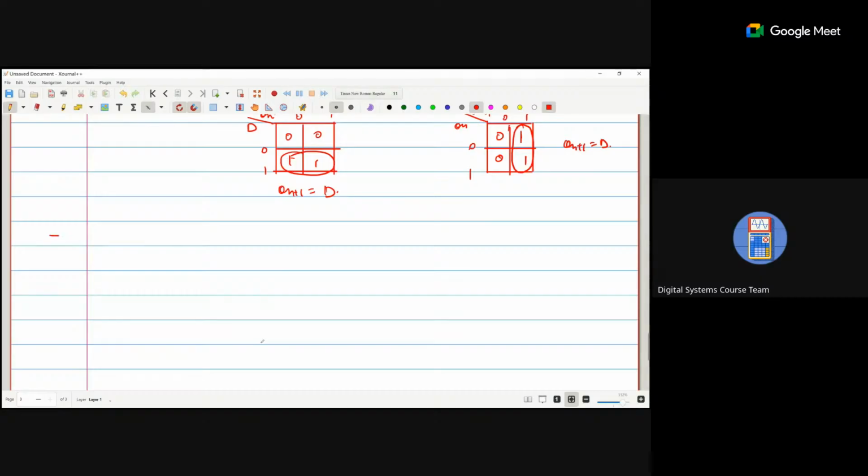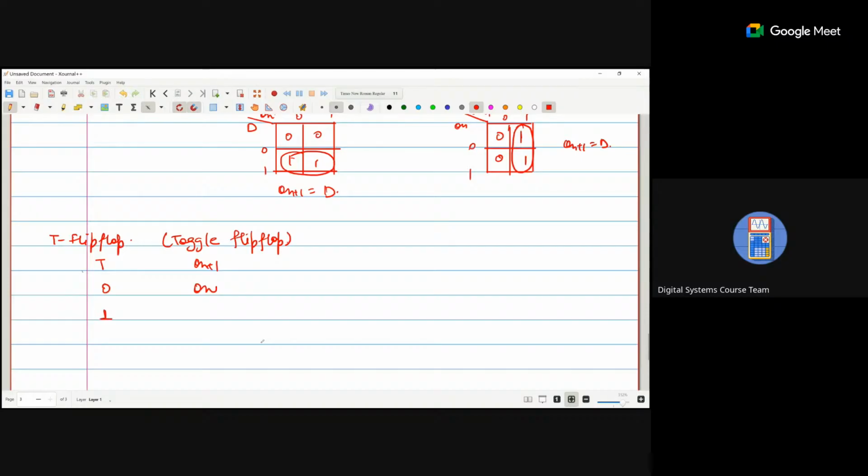Now the T flip flop. T is basically, as the name suggests, a toggle. When T is 0, that means Qn plus 1 is Qn.